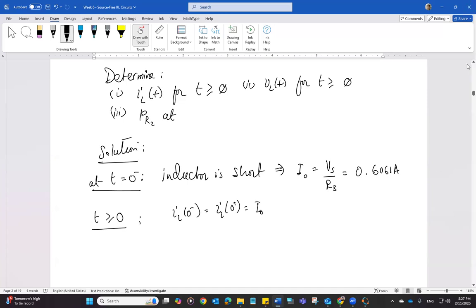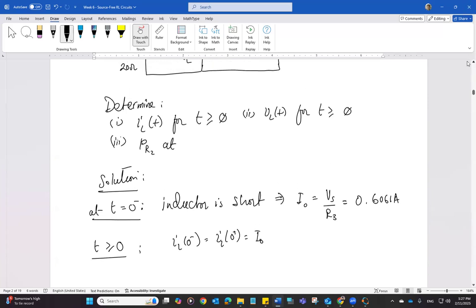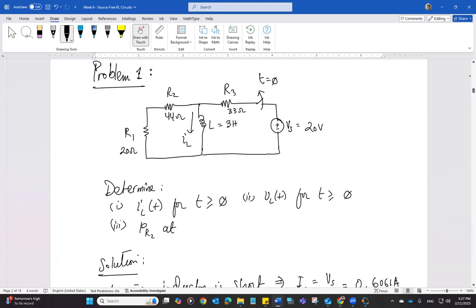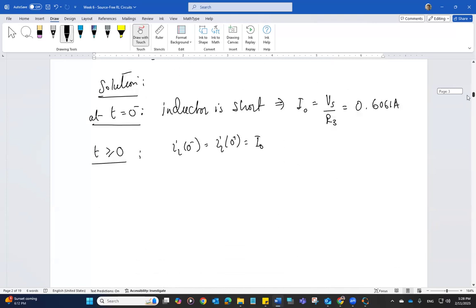And now when the switch becomes opened, the energy stored in the inductor is going to start dissipating through R1 and R2, because when the switch is opened, of course, R3 is gone because it is connected in the open branch. So your circuit is reduced to R1, R2, and L. So it is very easy to find the time constant and solve the circuit. This is your circuit.